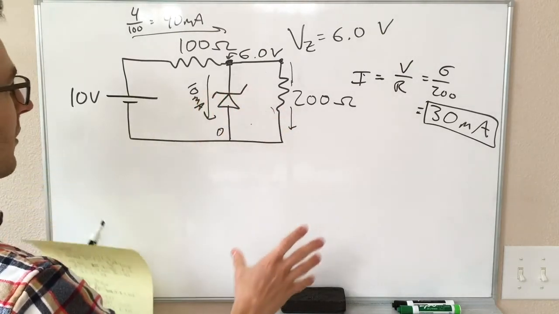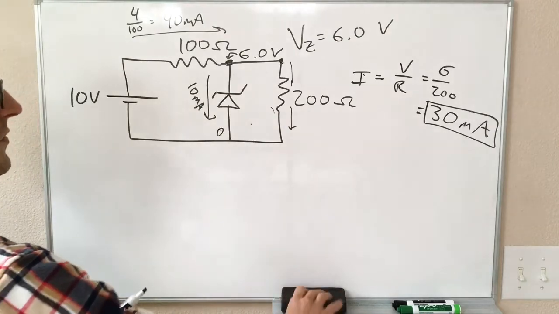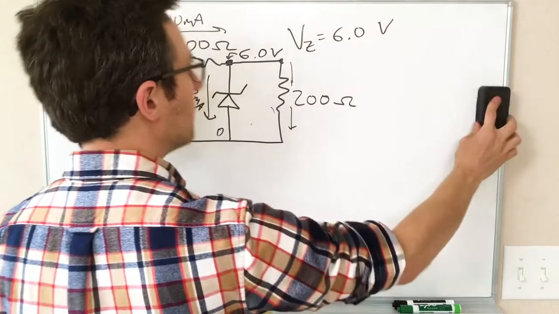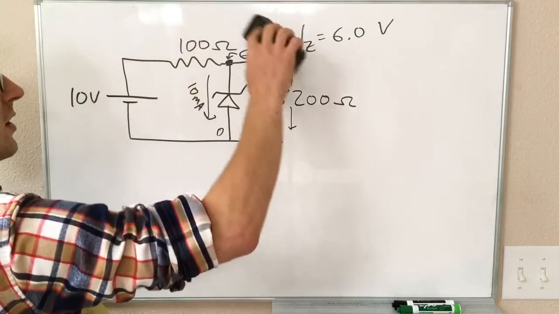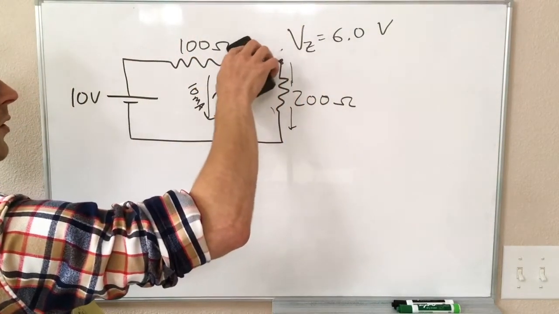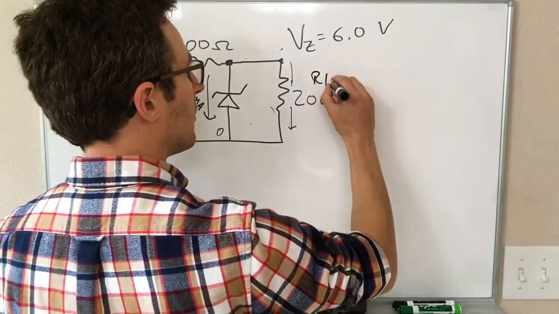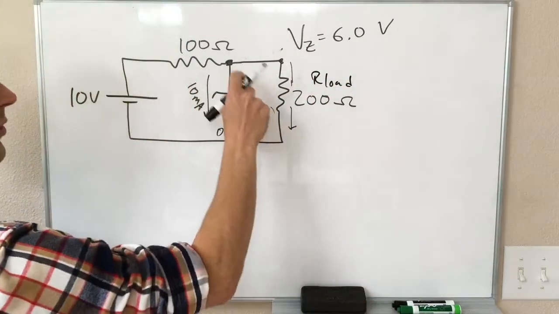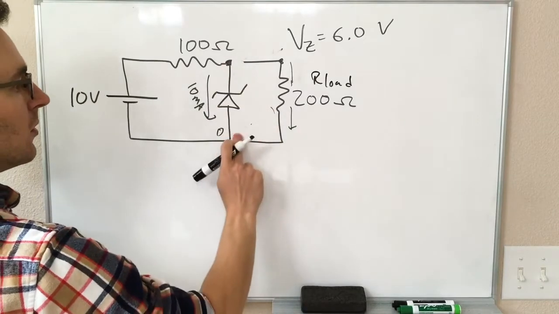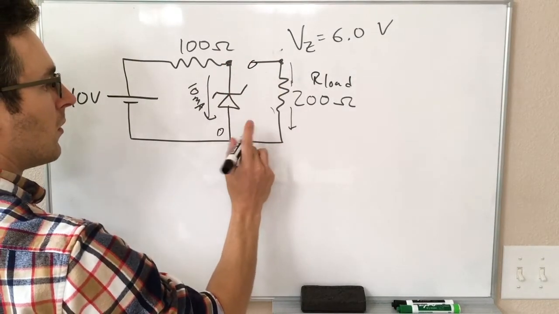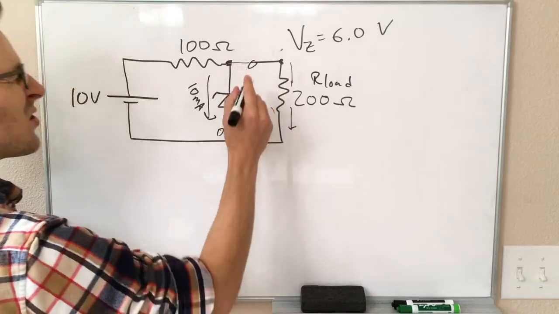Let's talk about kind of the why of this circuit, because this is not a random useless circuit. So if we were thinking about this 200 ohm resistor as our load, meaning our 200 ohm resistor is connected to this circuit on the left.